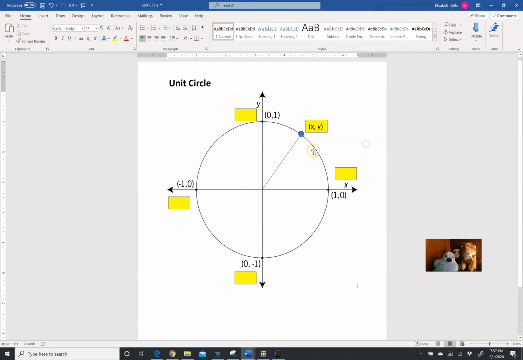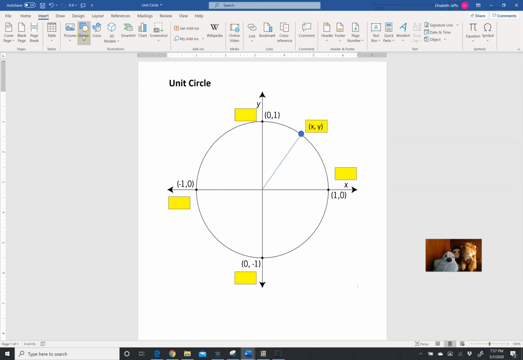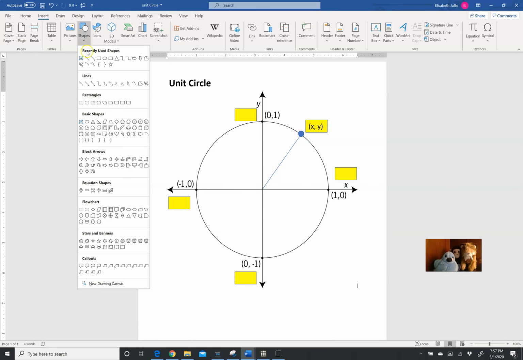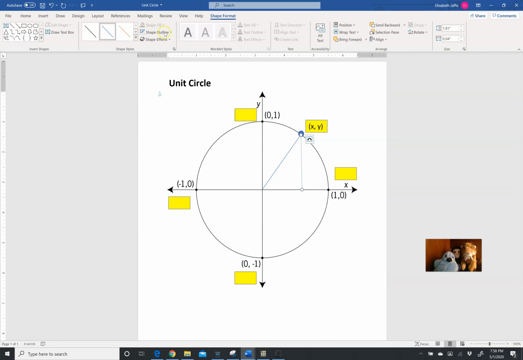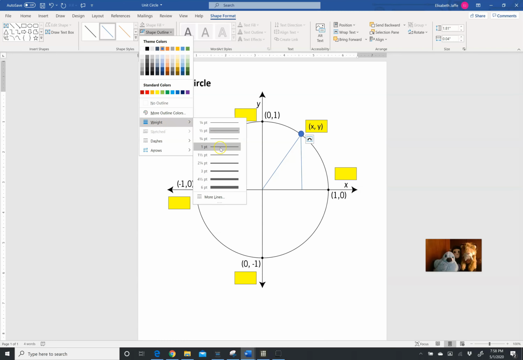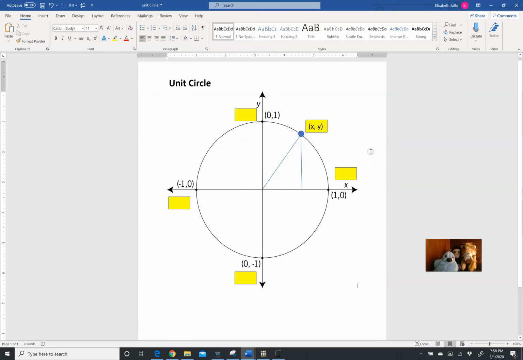Okay, so we have this, and then we can actually drop a line as well to the x-axis, and we could do this anywhere on the circle. We can always drop a line to the x-axis. Okay, and we'll make that a little bit thicker also. Okay, so we have a right triangle here. And we know something else. We know what this distance here is equal to.